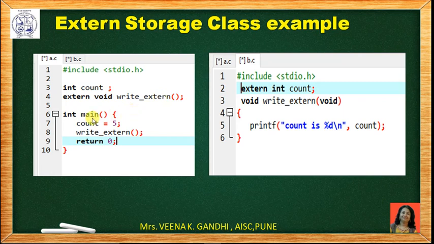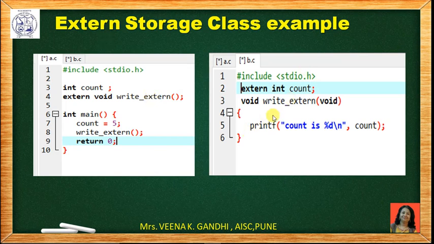Now in the main function, I initialize the value of count equal to 5 and then call the function write_extern and return 0. Here I have not defined the function write_extern, only declared it. But this extern tells the compiler that this function is defined in another file.